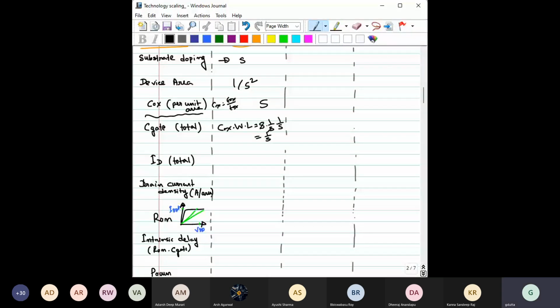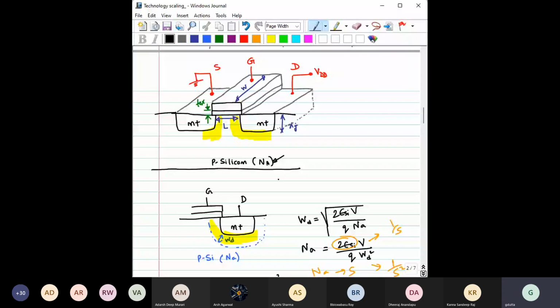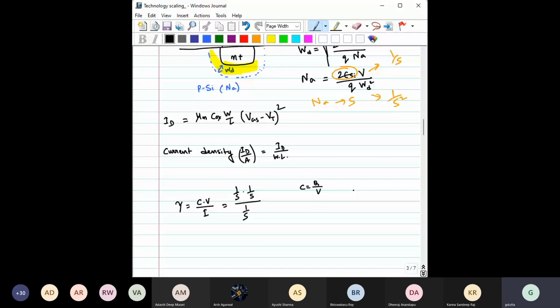ID is the drain current. I do not have sufficient space there, so I have written it here. So this is the drain current, right? We are assuming that mu n is not changing. Mu n will also change, but not proportionately, and that is a bit complicated, so for the time being we are considering mu n constant.